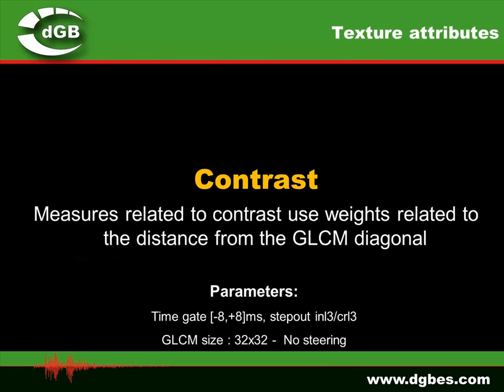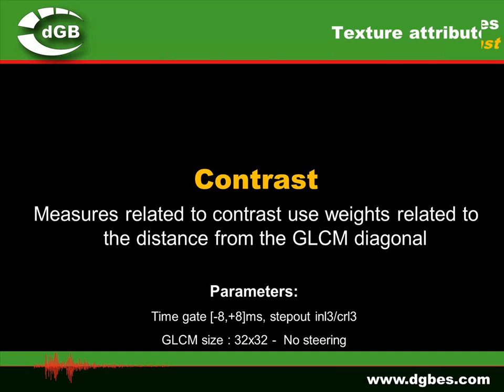The contrast measures the contrast using weights. In all the examples, the time gate used is -8 to +8 milliseconds, with a step out of 3, and a GLCM size of 32 by 32 with no steering cube.